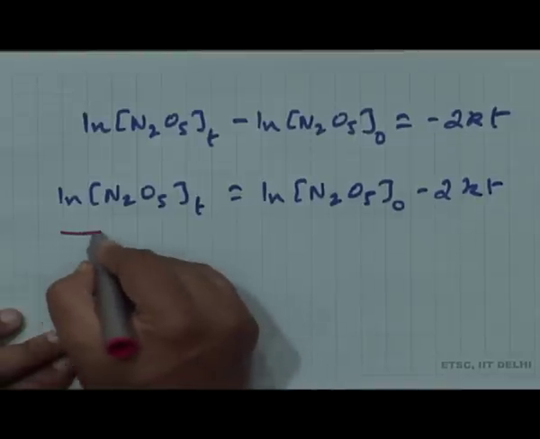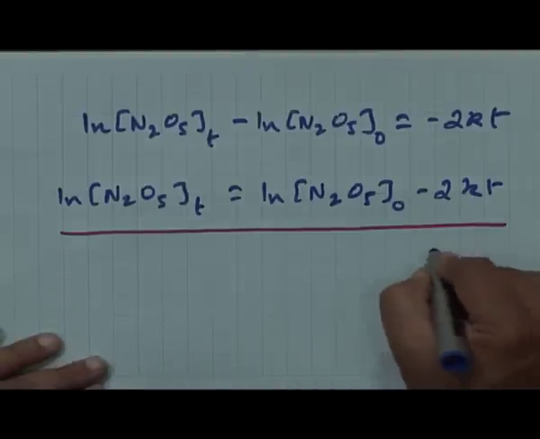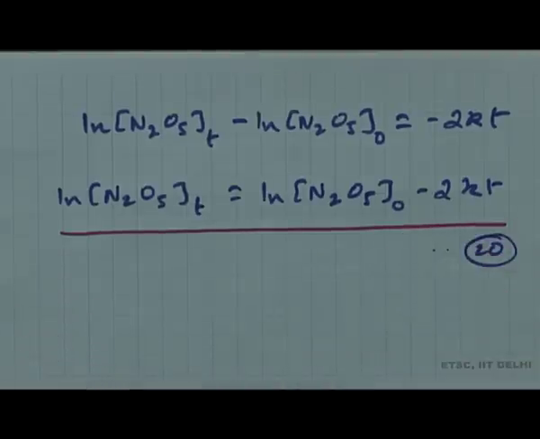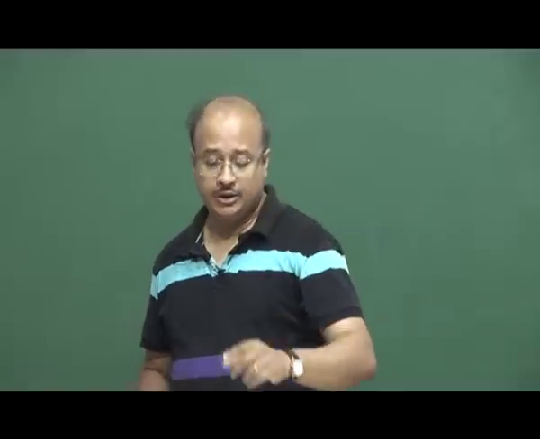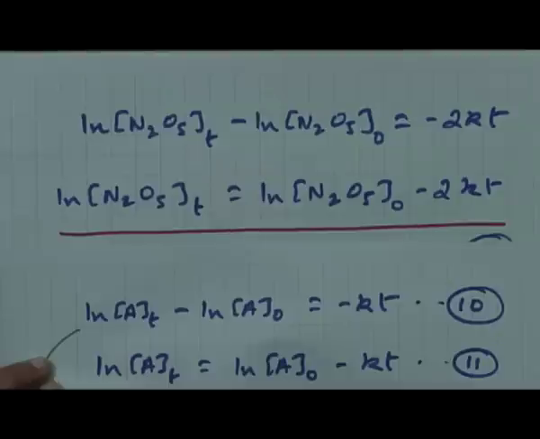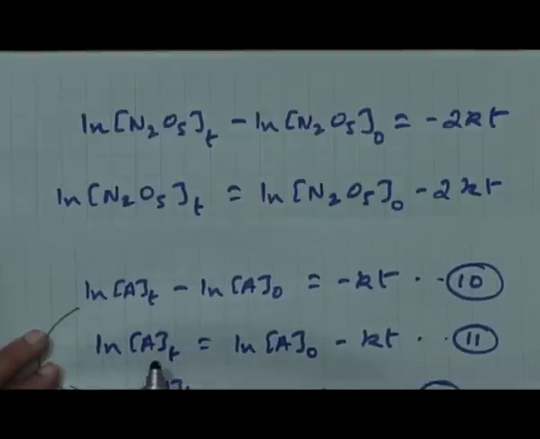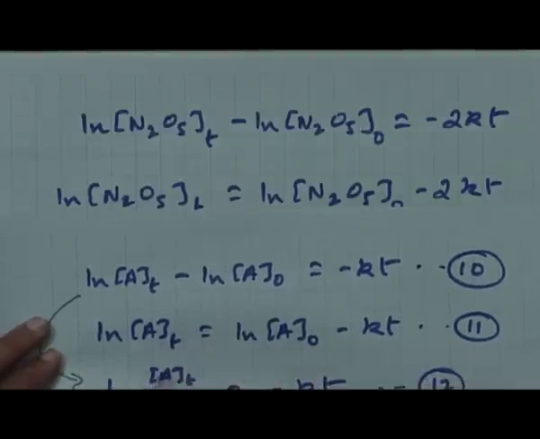Now, what is the thing that I am trying to drive at? Let this be equation 20. Compare this equation with the equation we had derived before, which was equation number 11, which you can read at the bottom of your slide.